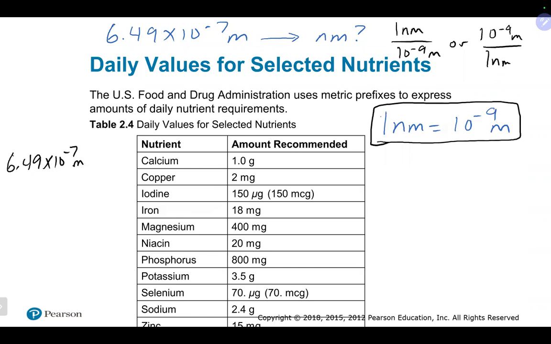We're going to use our conversion factor, and which one will help us do that? The one on the left or the one on the right? So again, meters is technically on the top, which means meters needs to go on the bottom, right? Opposite to cancel, because we do want to end up with nanometers.